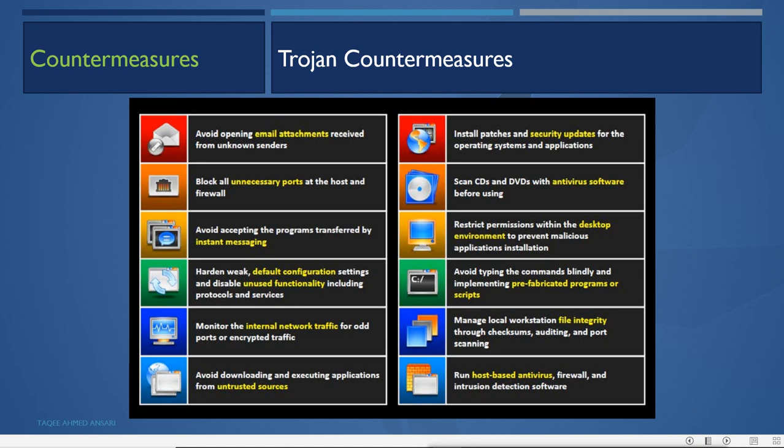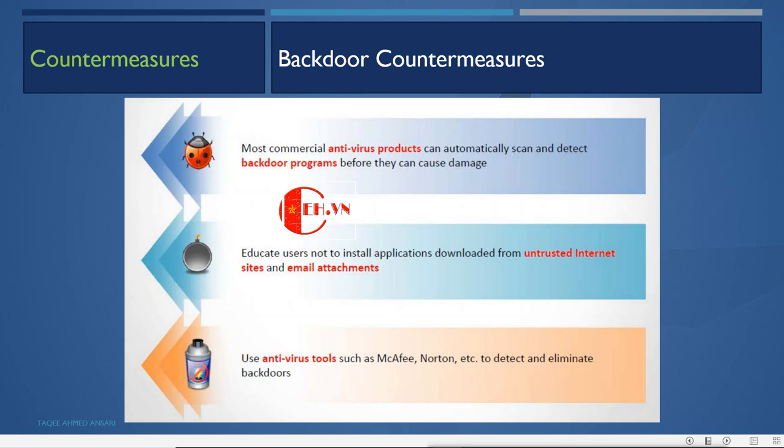Backdoor countermeasures are these. Most commercial antivirus products can automatically scan and detect backdoor programs before they can cause damage. So if you are using a common antivirus, it can automatically detect and stop it before it does the damage. Educate the user not to install applications downloaded from untrusted internet sites and email attachments. This is very important.